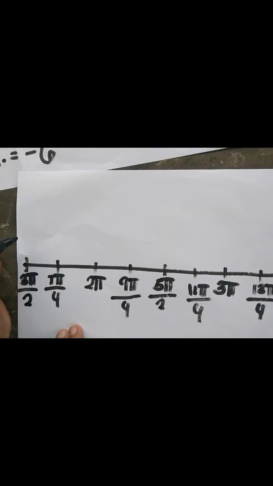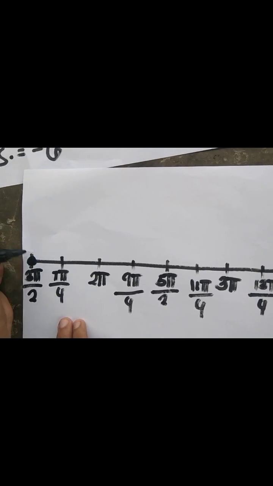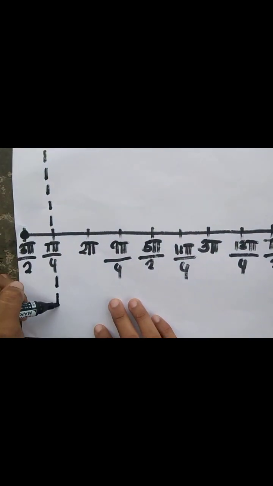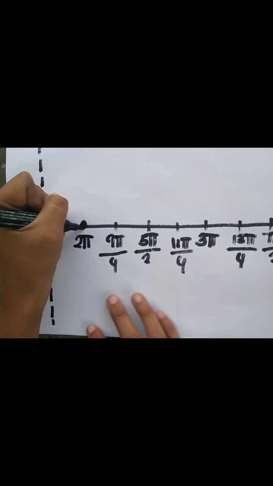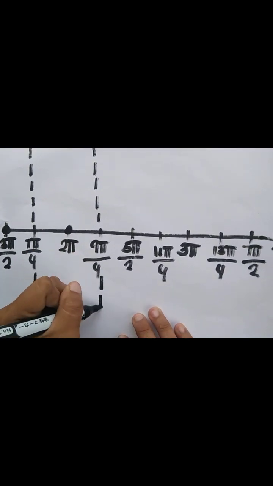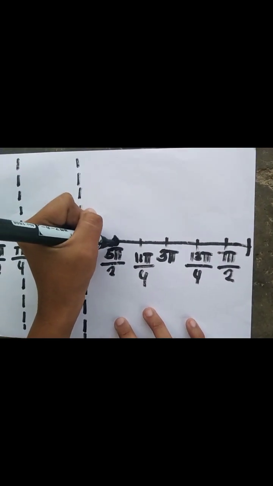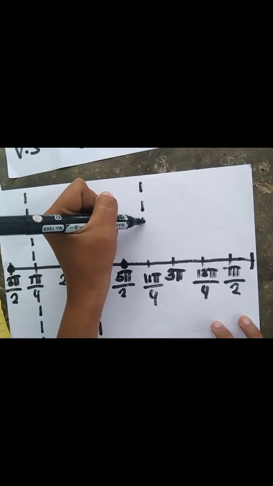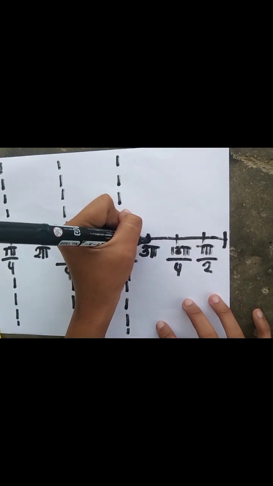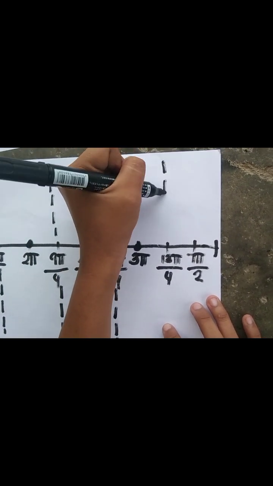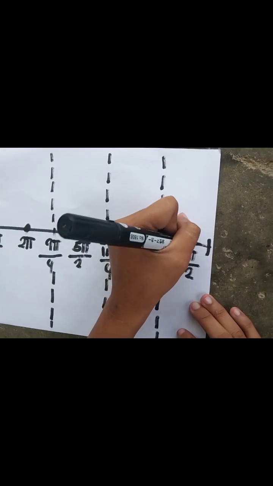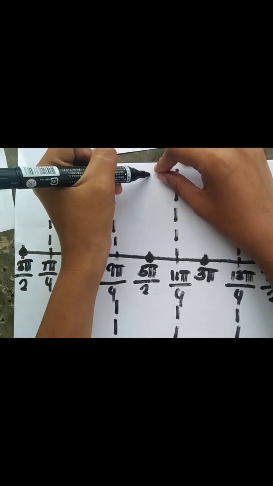So this is intercept, asymptote, intercept, asymptote, intercept, asymptote, intercept, asymptote, intercept. So let's put a line here.